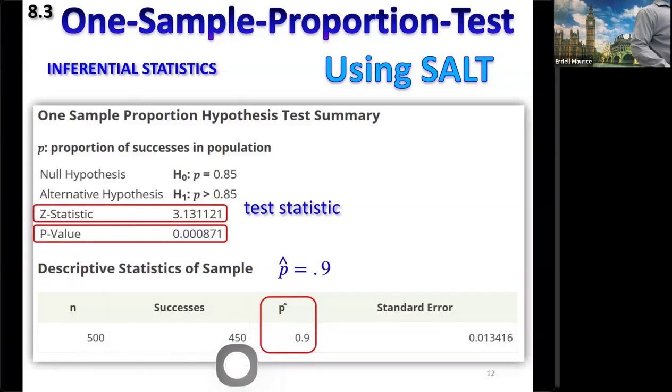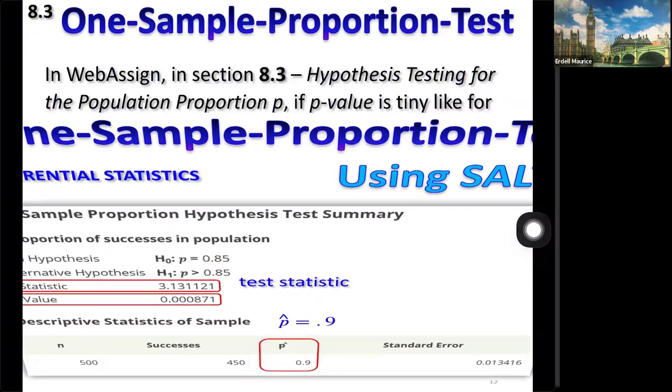That's the formula we gave you early on, R divided by N, 450 divided by 500. What this is saying is that for their sample, 90% of the female students they talked to thought Facebook was cool. That's strong evidence that it is more than 85%, yes? And that's why it ended up working out that the alternate hypothesis was true.